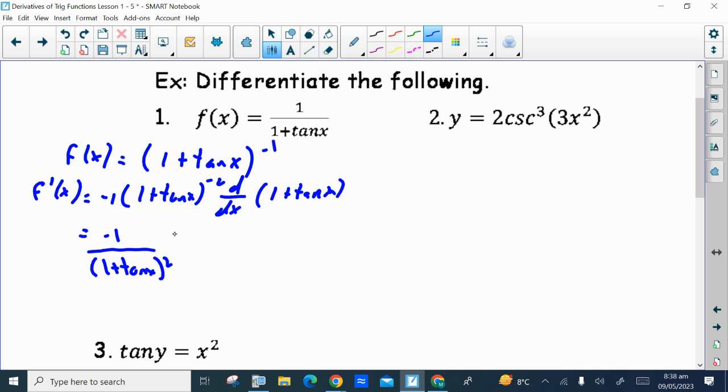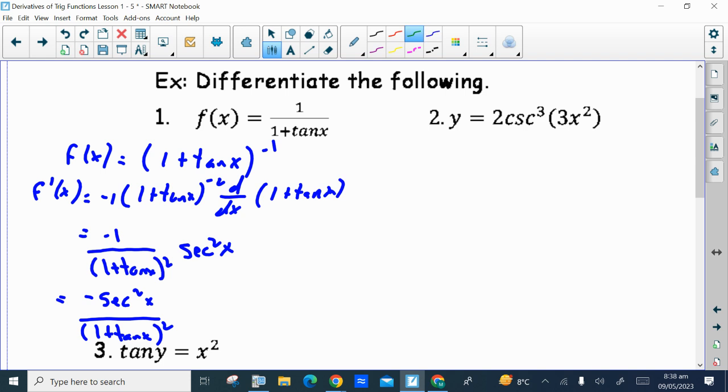The derivative of a constant 1 is 0, plus the derivative of tan x is sec squared x. And so now if we multiply the negative 1 times the secant squared x, it'll be negative sec squared x over 1 plus tan x all squared. So there's the value of that derivative.